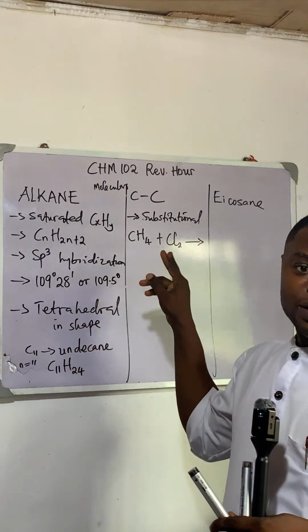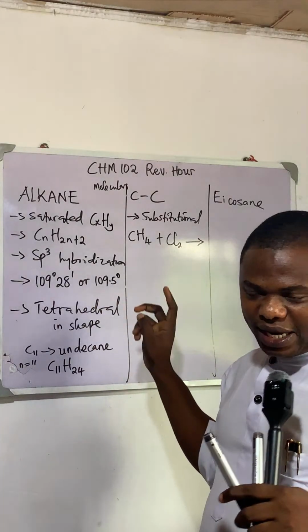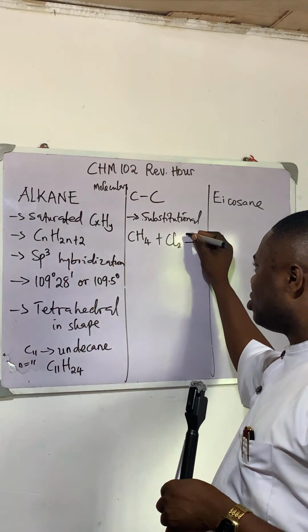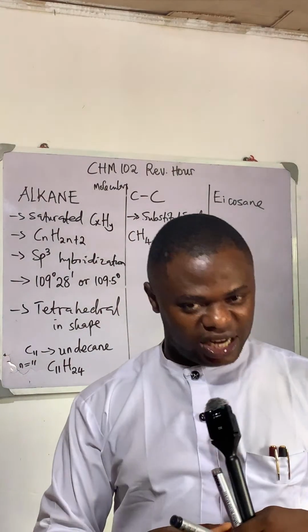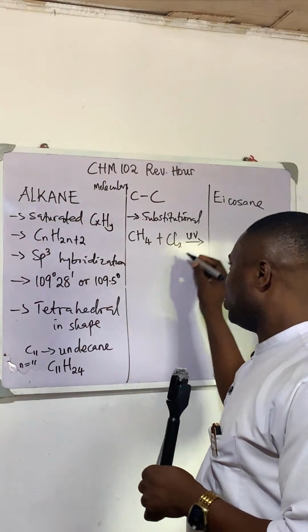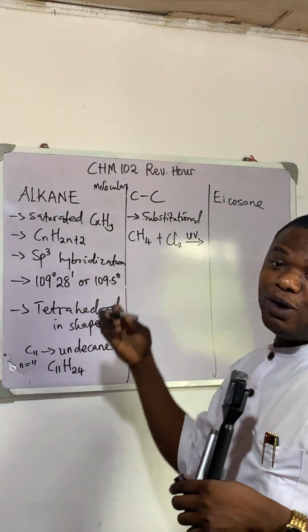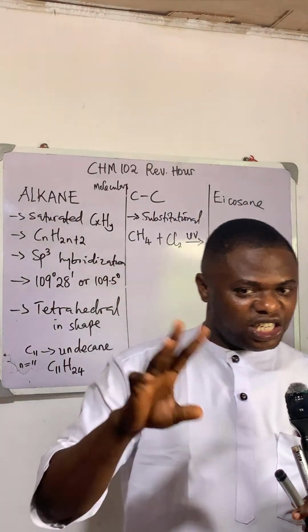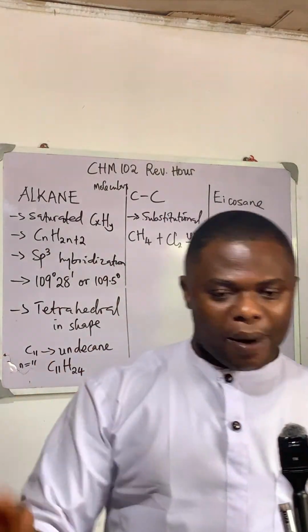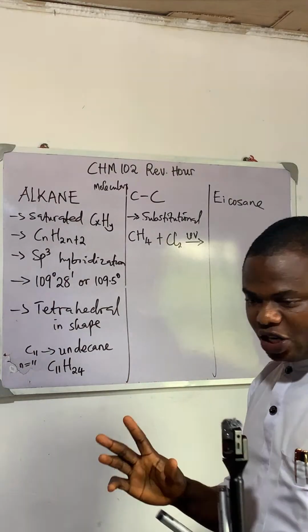Now, this reaction is actually light-dependent. Without light or UV being present, the reaction cannot take place. The reaction involves 3 different stages: chain initiation, then chain propagation, and lastly chain termination.